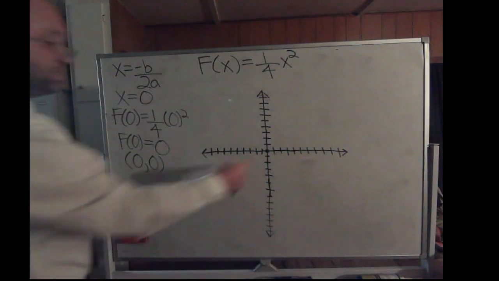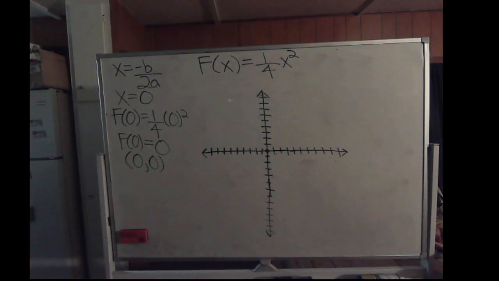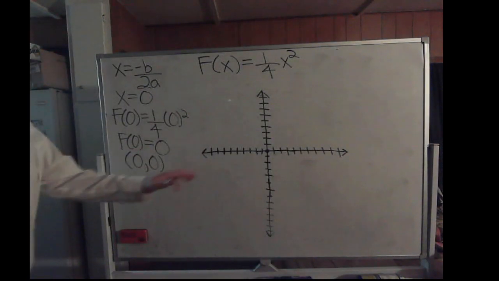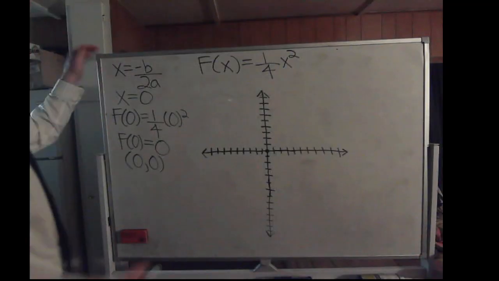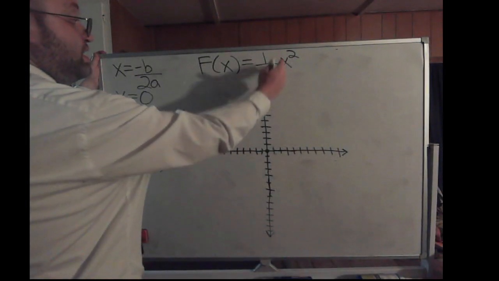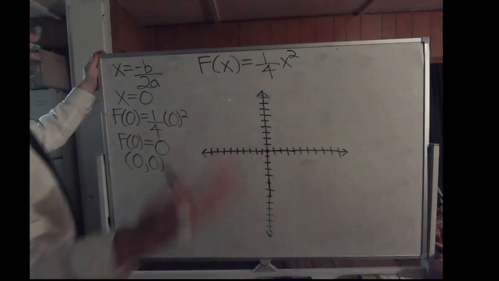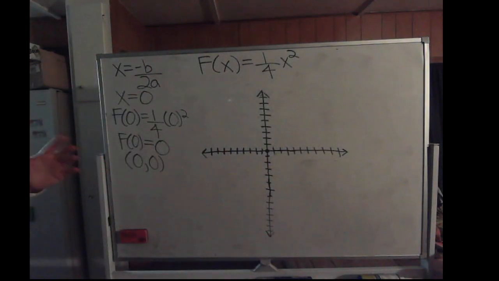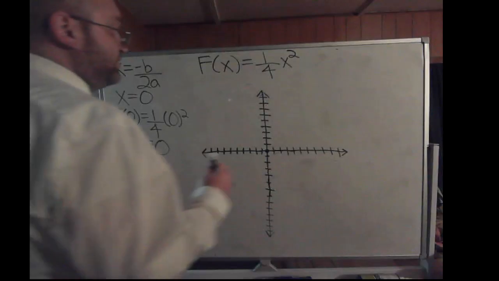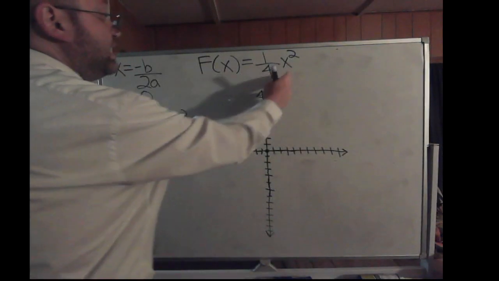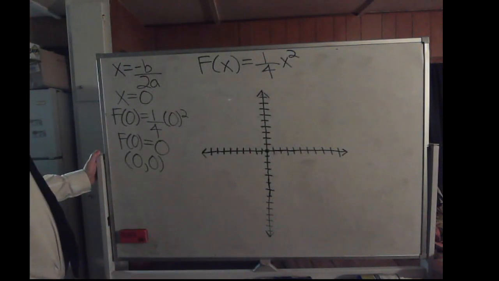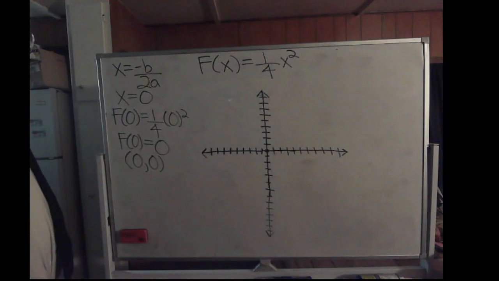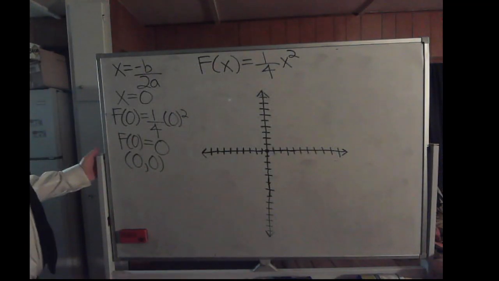So the origin is the vertex, and f of 0 equals 0, so 0 is the minimum value for this function because you have a positive coefficient on the x squared term, so it's going to open upward. Now I can tell you right now, if we go to solve for the x-intercepts of this, you're only going to get x equals 0. So that would also mean 0, 0 is the x-intercept.